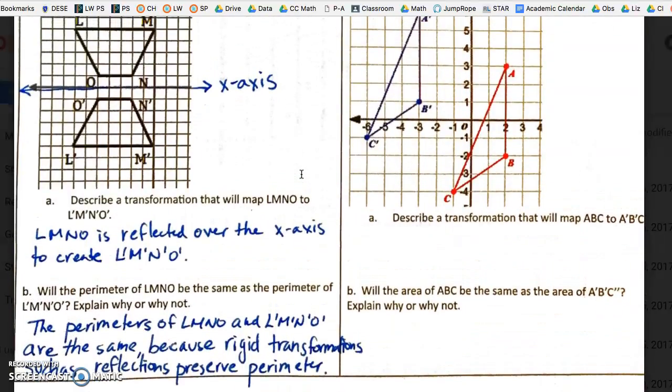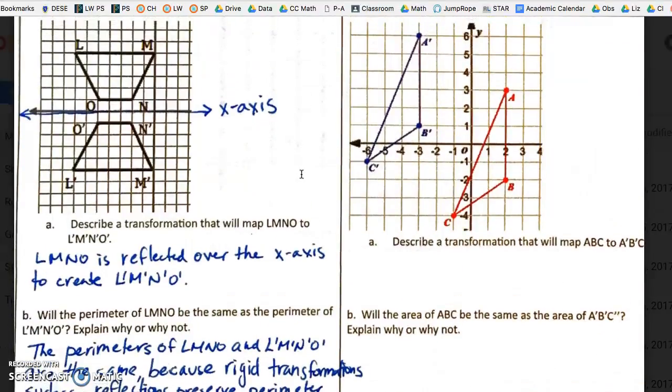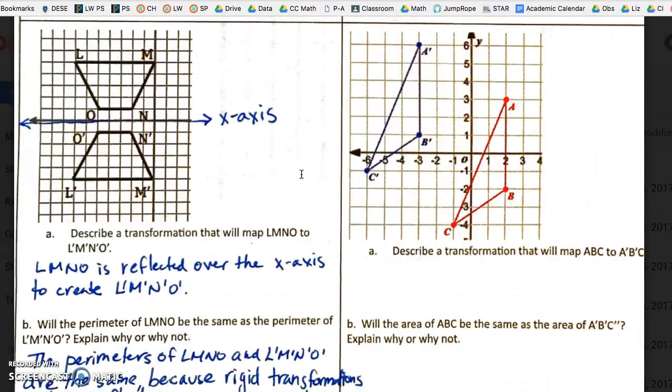So on page 2 in the lower left-hand corner, we're going to describe the transformation that will map quadrilateral LMNO to quadrilateral L prime, M prime, N prime, O prime. In this case, this is a reflection.